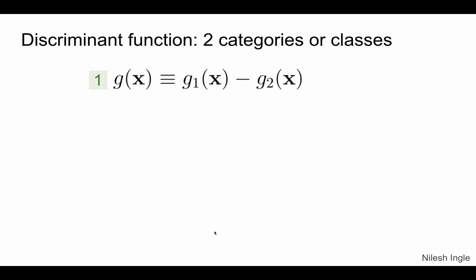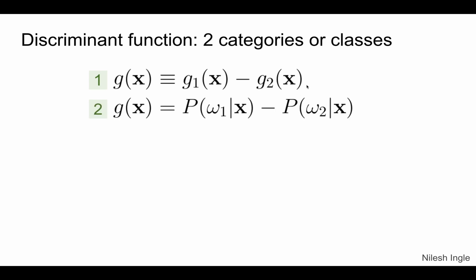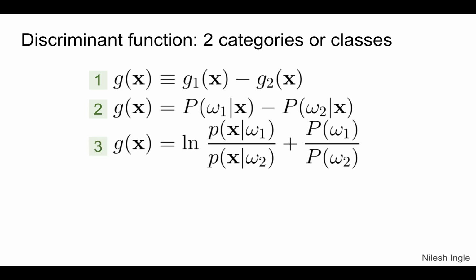Based on those, we then have these final relations for the discriminant function g of x. The first is that it is equal to the difference between g1 of x and g2 of x. The second is the difference between the posterior probabilities. Then we have the log of the likelihood ratio added to the log of the ratio of the prior probabilities.